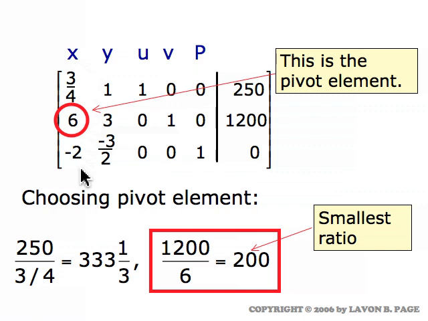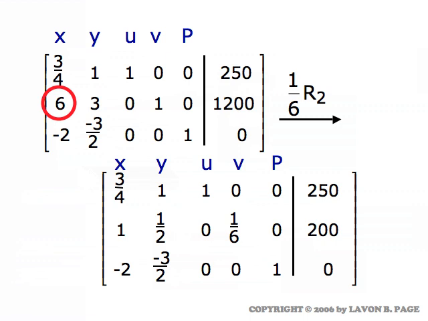So how will that work? To turn the 6 into a 1, we'll multiply row 2 times 1/6. So that will make the 6 a 1, the 3 a 1/2, the 1 a 1/6, the 1200 a 200.